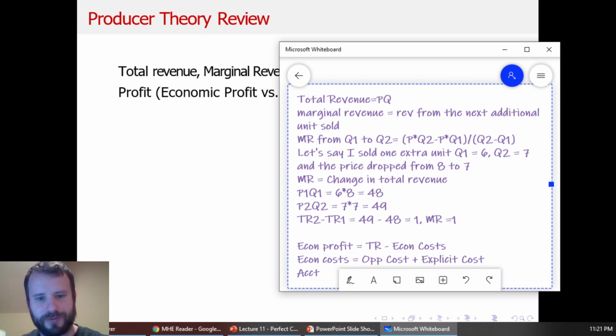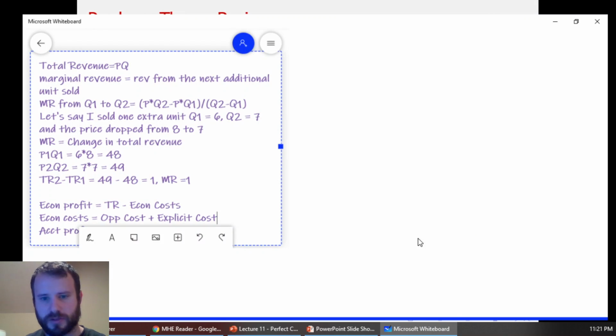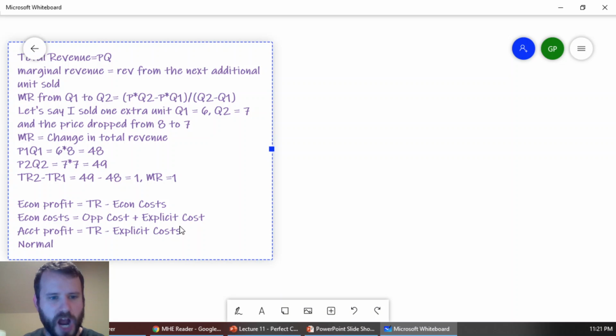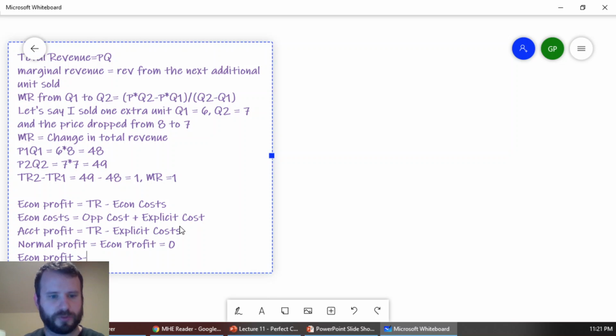Distinguish that from accounting profit, which is just TR minus your explicit costs. And then normal profit, we said last week, is when your econ profit equals 0, versus econ profit, which is assumed to be greater than 0.